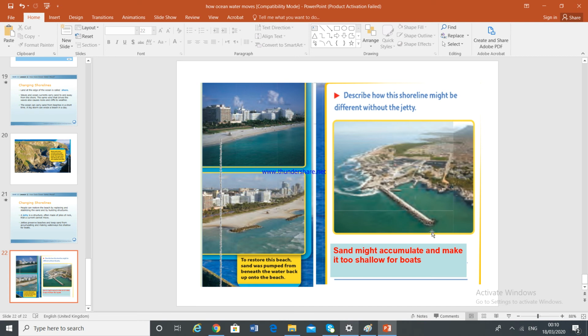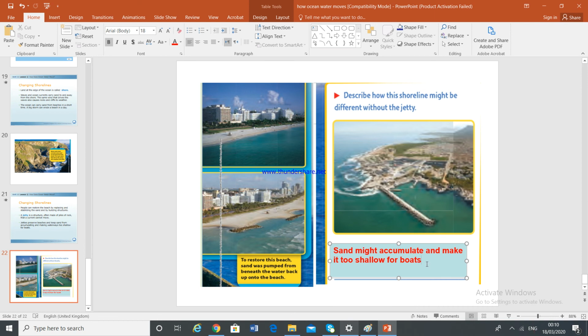They built a jetty so the sand would not move from one place to another. If there was no jetty, what would have happened? Sand might accumulate. I told you the meaning of accumulate: it means it gathers at one place. So sand might accumulate and make the water too shallow for boats.